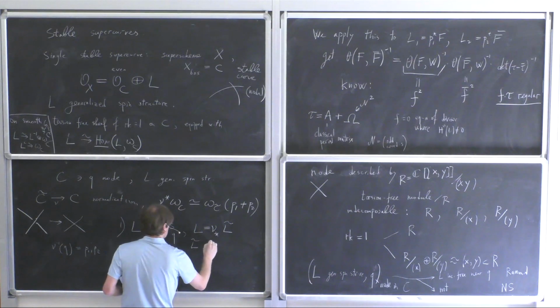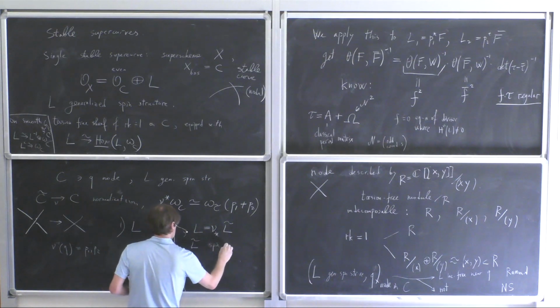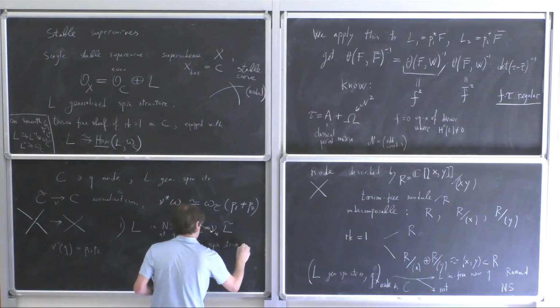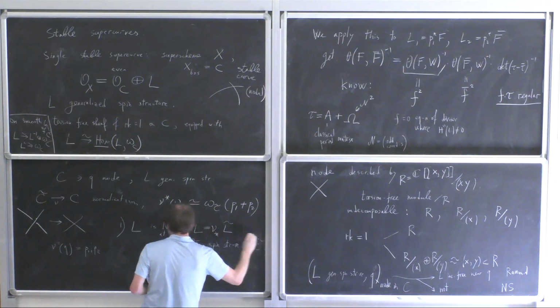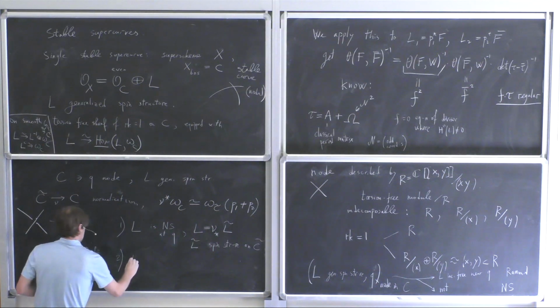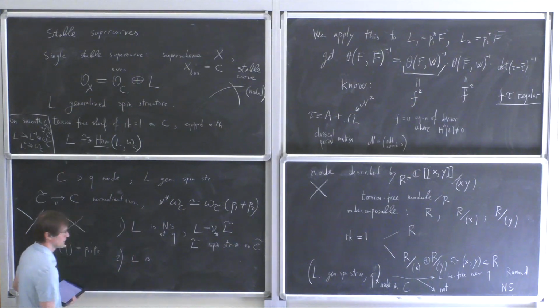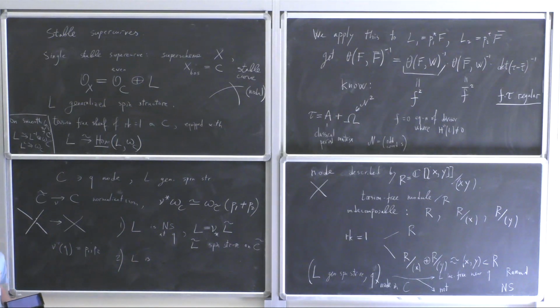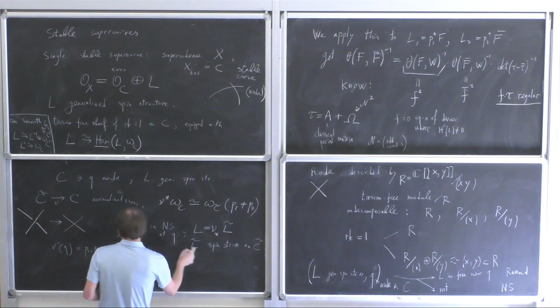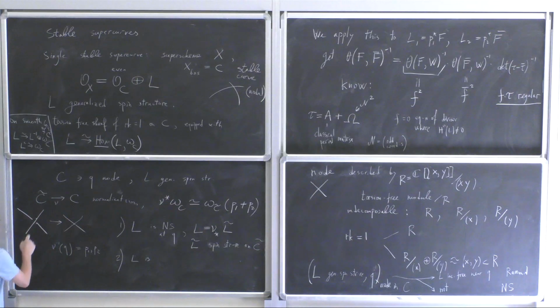So G is the usual spin structure on the normalization. In other words, the punctures P1, P2 on the normalization are just the usual punctures. There is nothing special going on there.